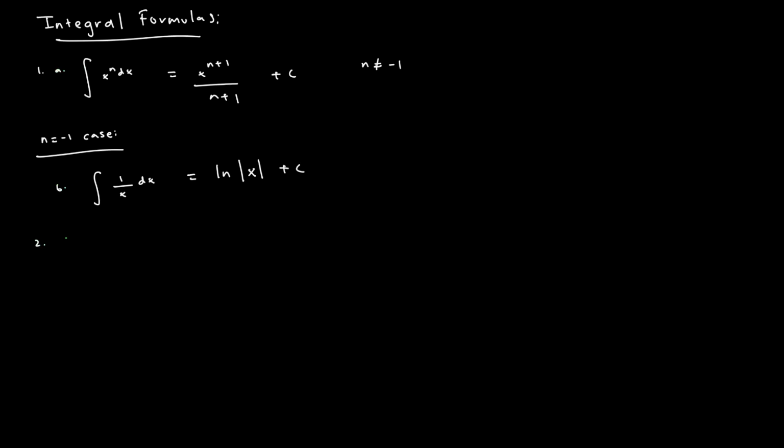Now let's do one involving the exponential function. So the integral of e to the kx dx is equal to e to the kx divided by k, plus c. And if you want to see where these are coming from, and they seem a bit arbitrary, my best advice would be to find the derivative of each of these expressions, and you'll see that you end up getting back the integrand.